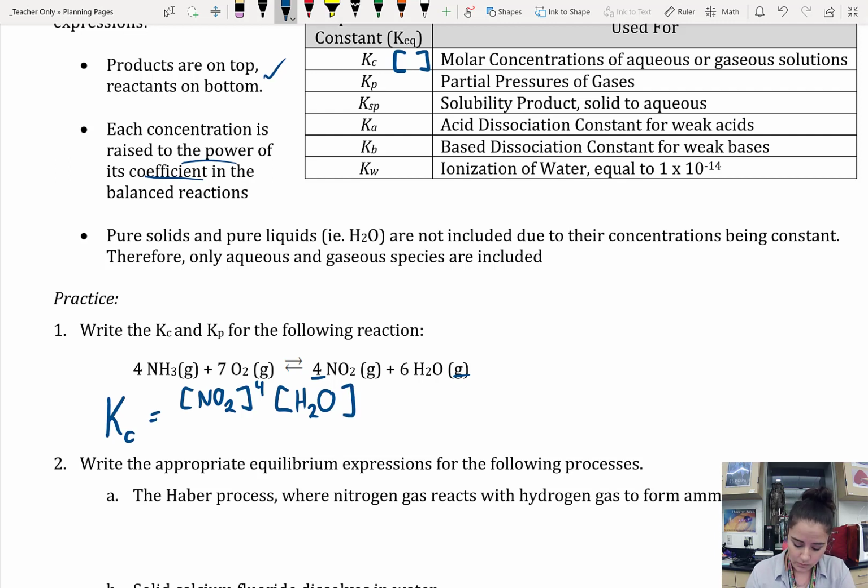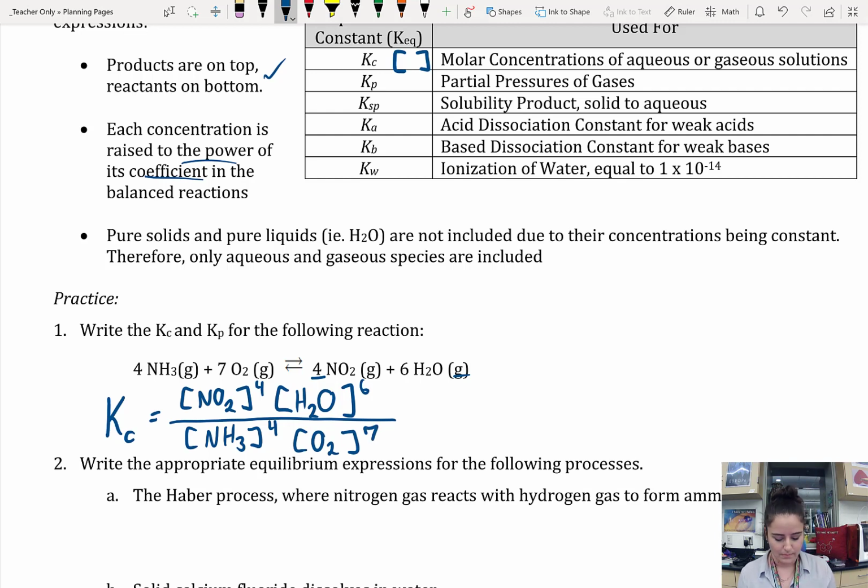If it was a liquid, it would not get included, raised to the 6th power, over the concentration of the reactants. NH3 has a coefficient of 4, so it's raised to the 4th power, and O2 raised to the 7th power. Easy enough, right?